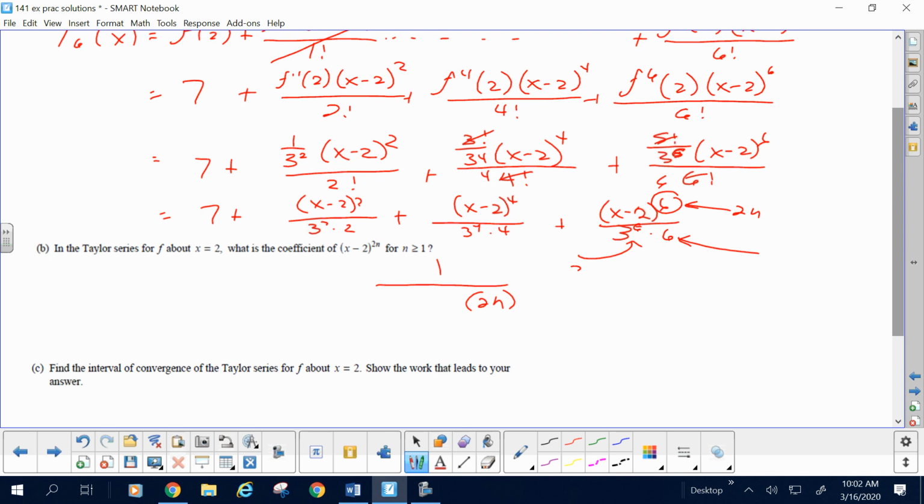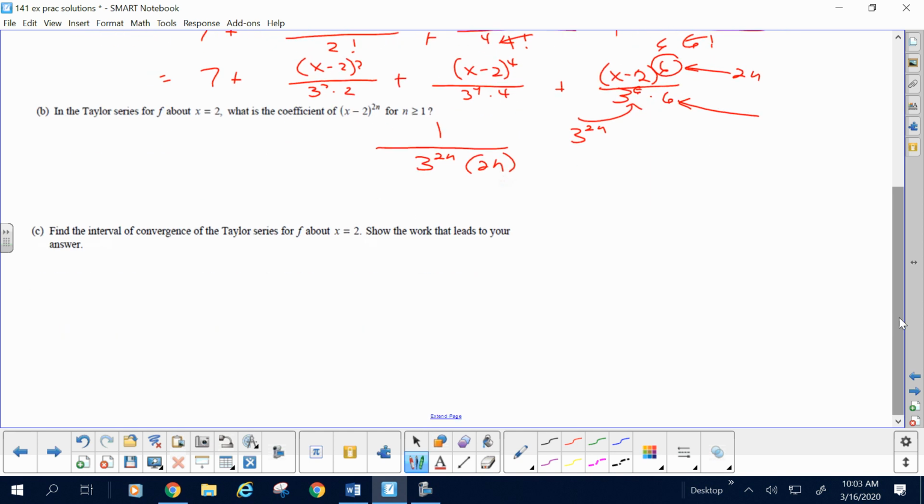Likewise, this has a 3 to the 2n with it, and so I feel like my coefficient would always be 1 over 3 to the 2n times 2n. And I think I answered the question, yeah.